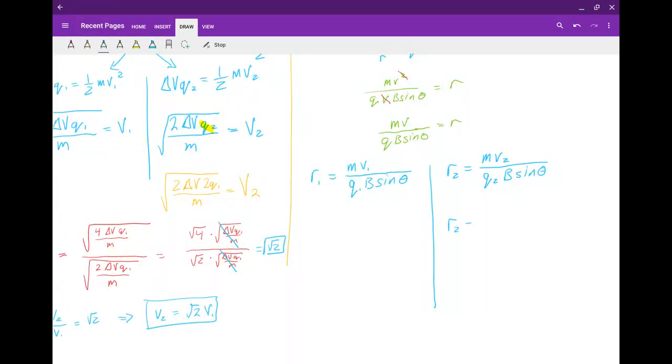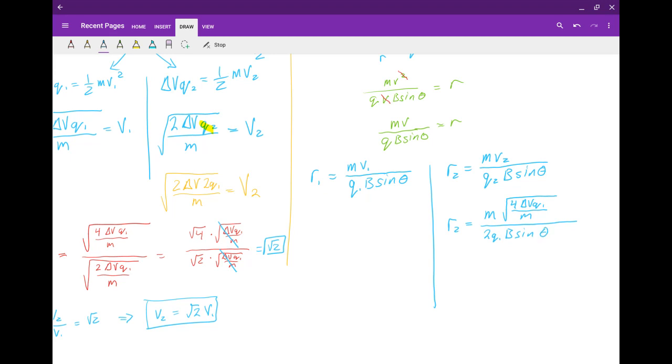So R2 is M V2. Remember, V2 is this. So it's actually going to be equal to the square root of 4 delta V Q1 over M, over Q2, but Q2 is 2 times Q1, and B sine theta, all right?